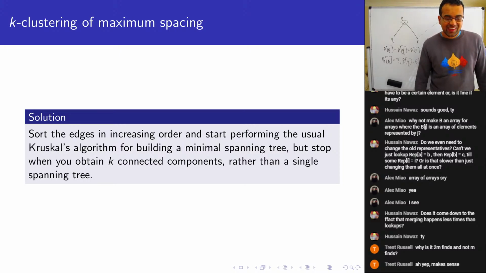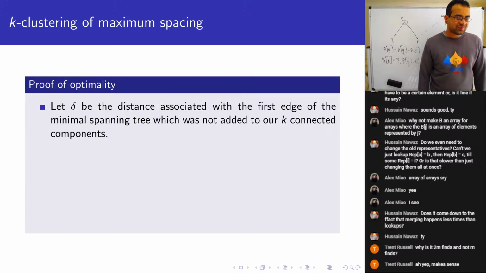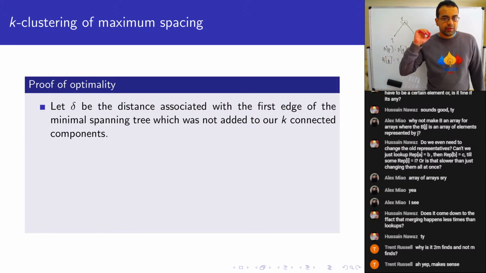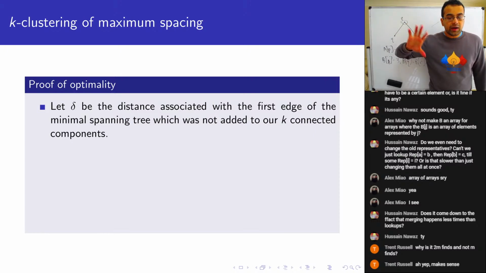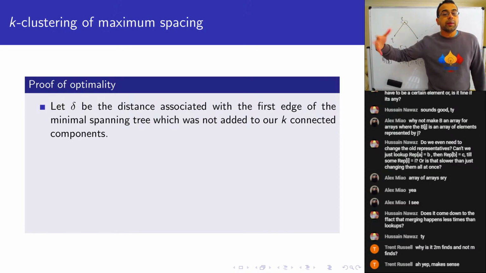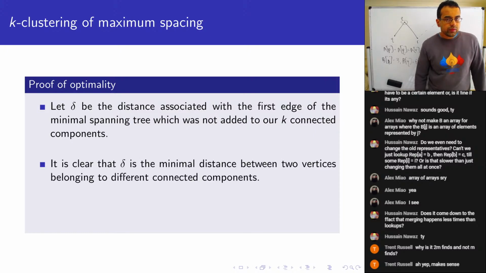That's it. Now, why does this work? Suppose we consider running Kruskal's algorithm in full, which is you continue past having k connected components, and then say the next edge that you were about to add but didn't had distance delta. Then hopefully it's clear that delta is the minimum distance between two vertices of different connected components, right?